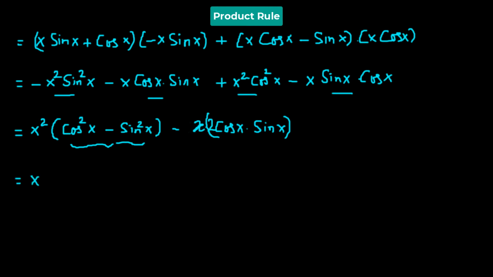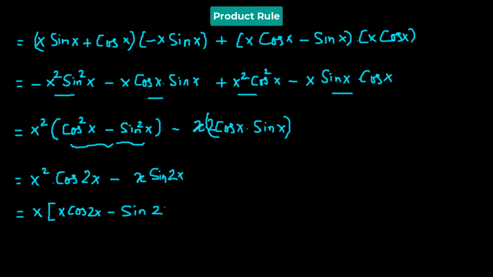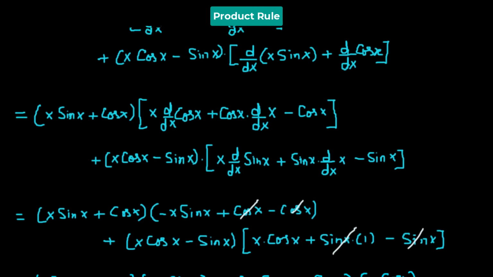So we have x squared multiplied to cosine of 2x minus x times, so 2 times cosine of x times sine of x is sine 2x. So we can take x as the common factor, so that leaves us with x times x cosine of 2x minus sine 2x. So this is the final answer, and this is the derivative of our given function.